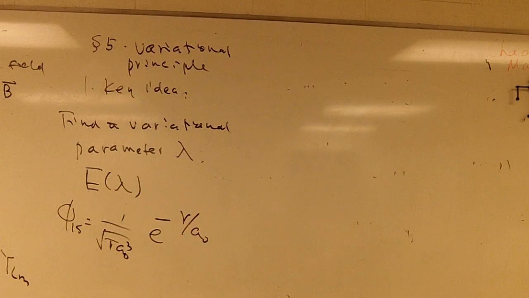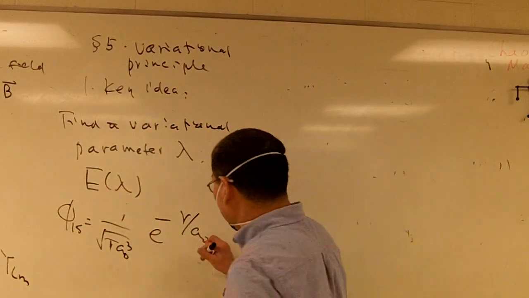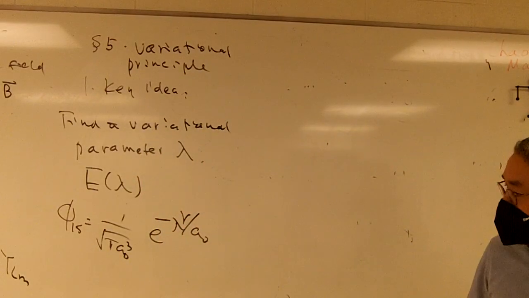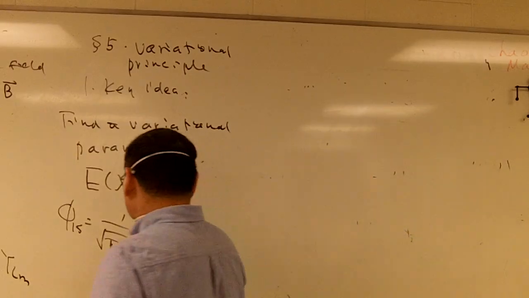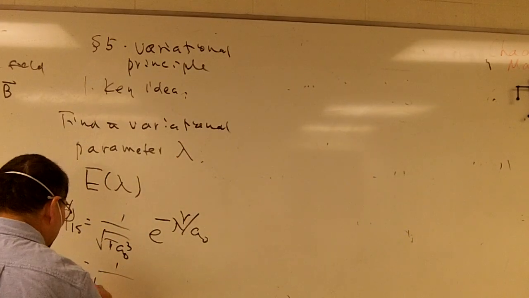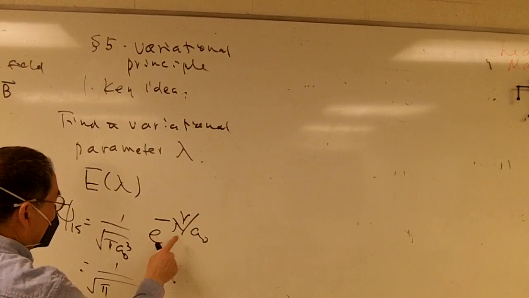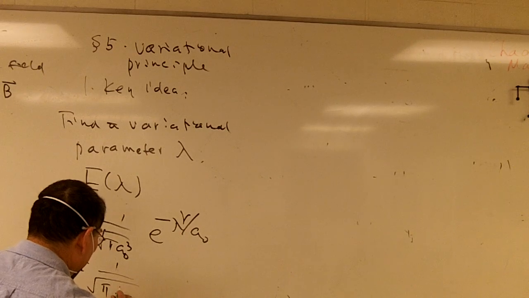So far, there is no parameter that I ever used. Now watch carefully. Did you see I have a lambda here? I put a lambda in it. I change this one to this lambda on the top, and this lambda will be on the bottom, like this.